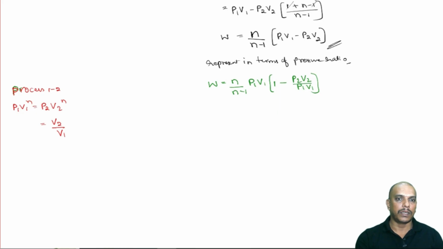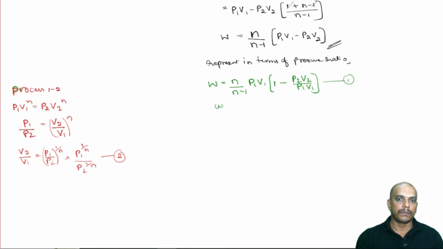I want to represent in terms of pressure ratio. So, V2 by V1 will be equal to (P1 by P2) whole power 1 by n, or this can be P1 power 1 by n divided by P2 power 1 by n. So, same thing I will bring back here, call this as equation 2, and I will call this as equation 1.